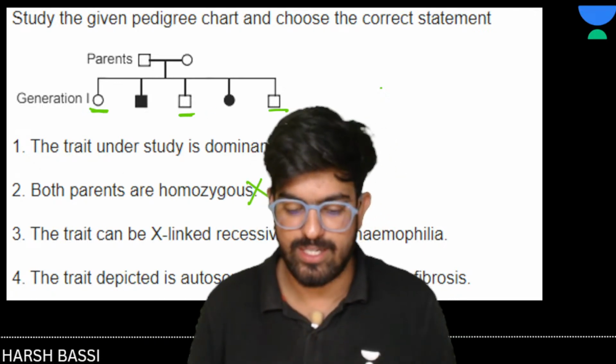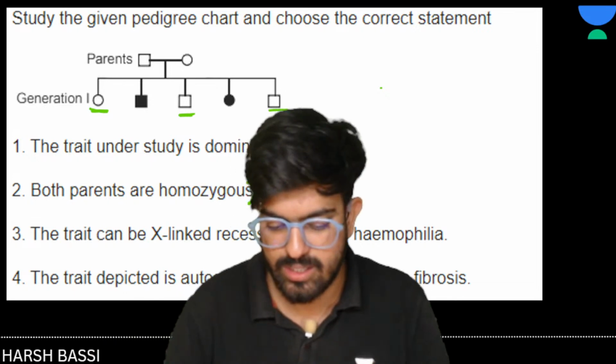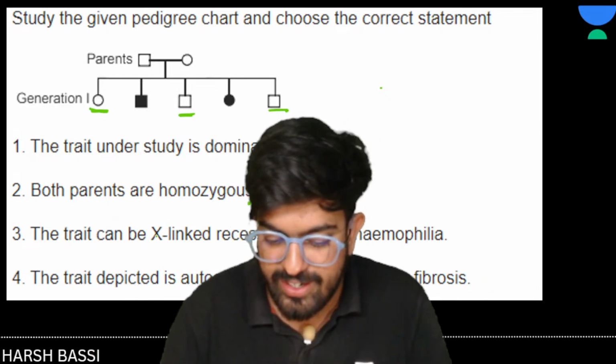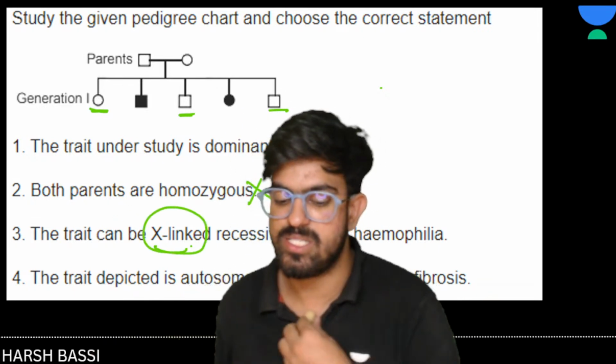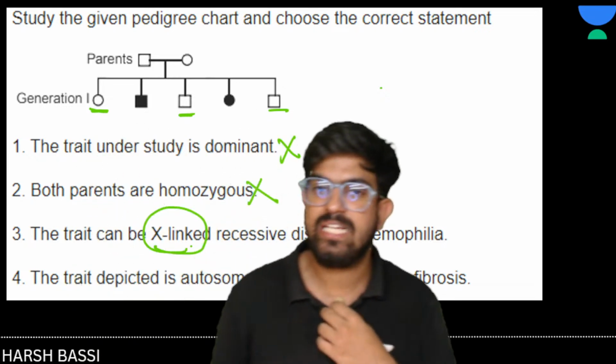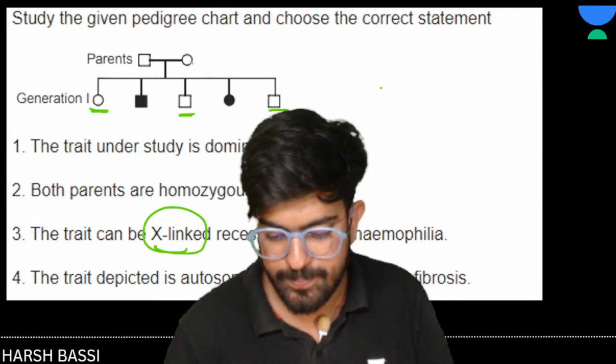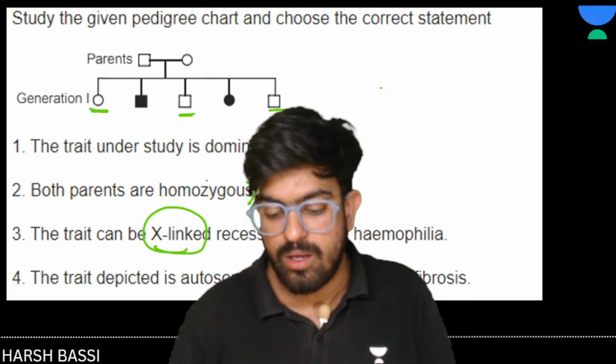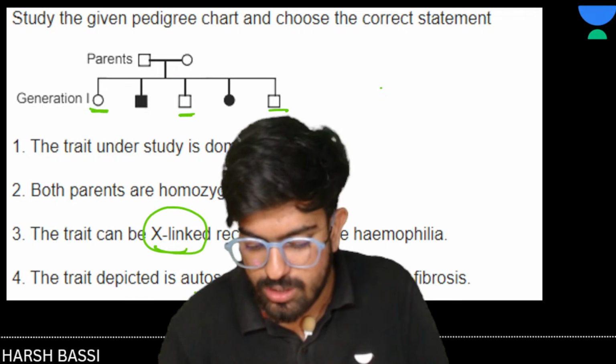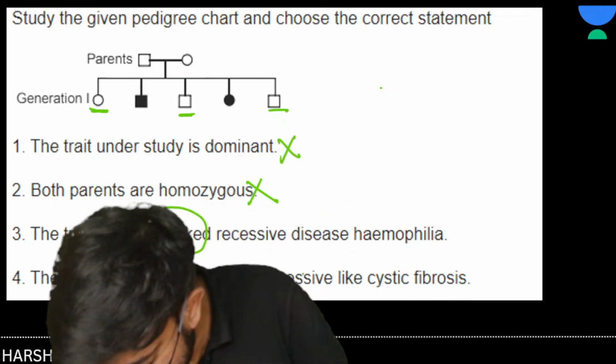They are not homozygous, they are heterozygous. The trait can be X-linked recessive? No, X-linked recessive can't be there. The only option left is autosomal recessive, which is cystic fibrosis.